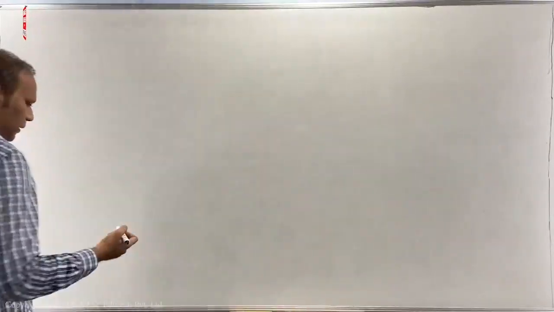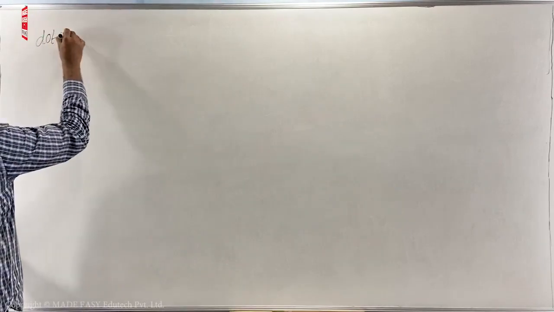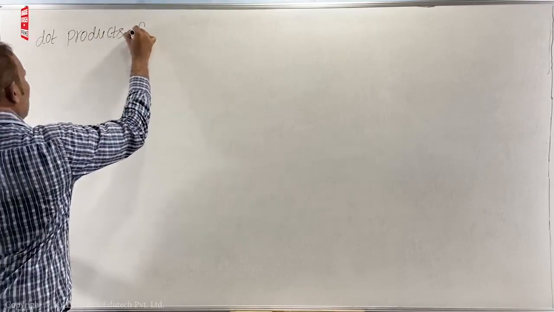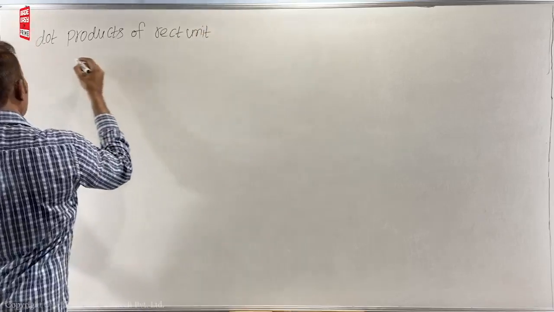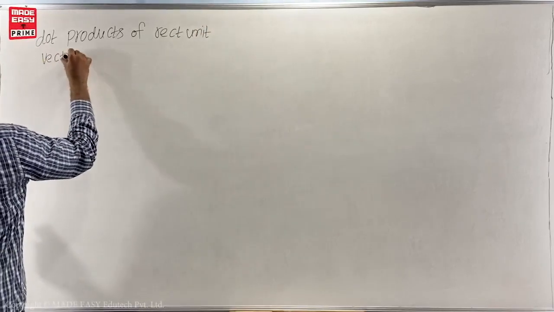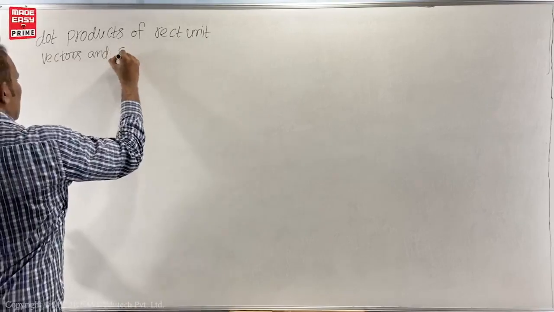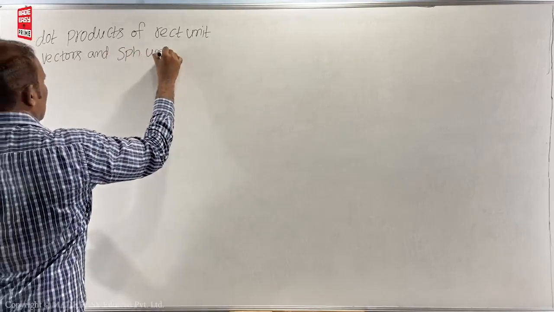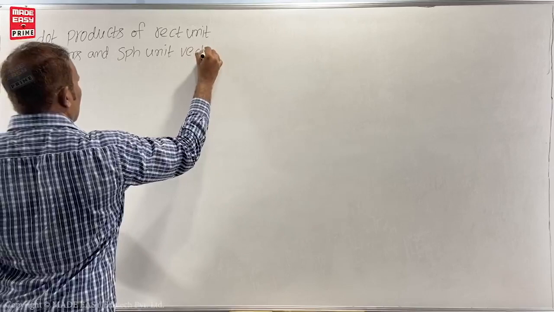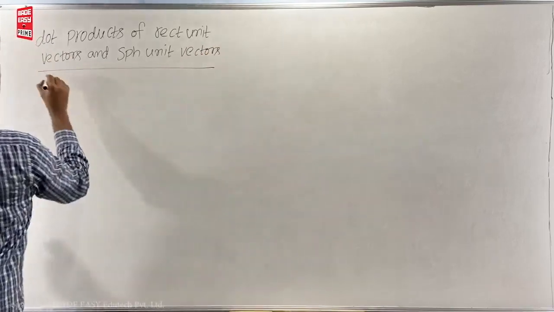So if you want you can write two more tables, that is dot products of rectangular unit vectors and spherical unit vectors.